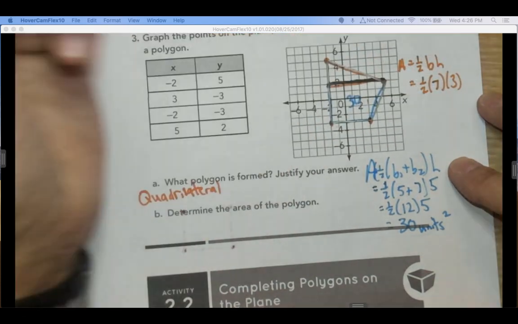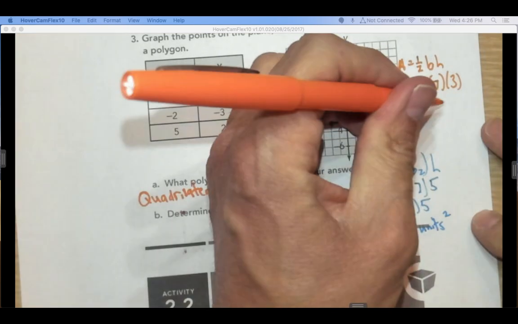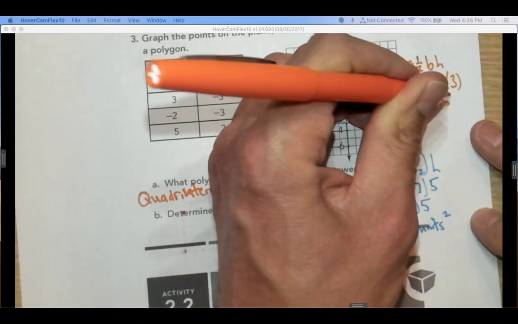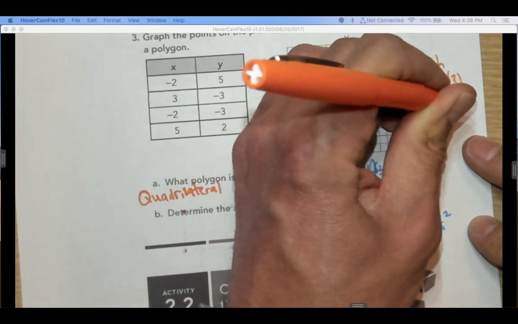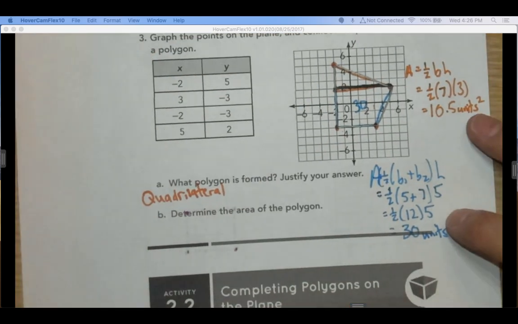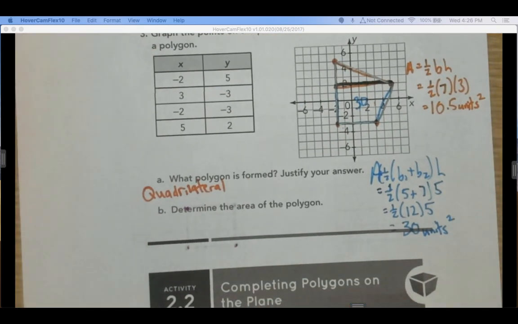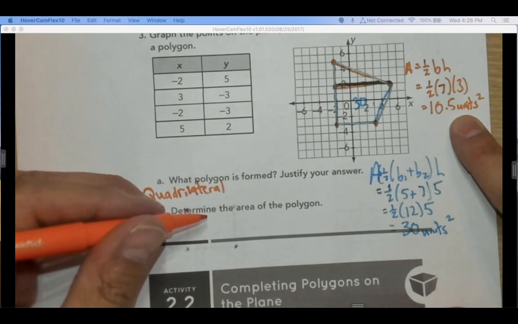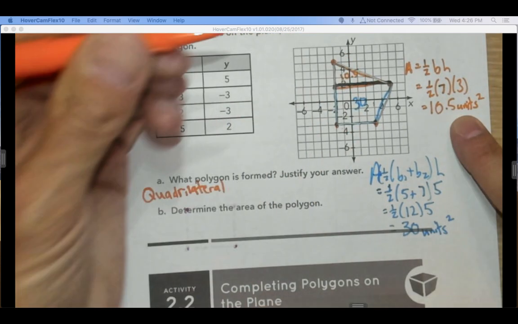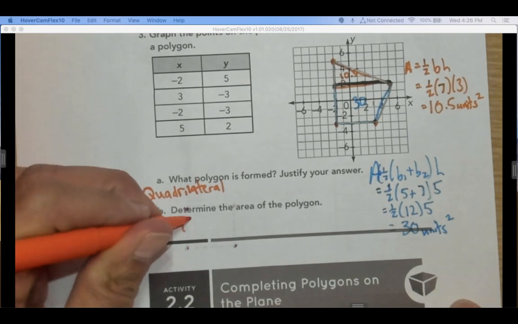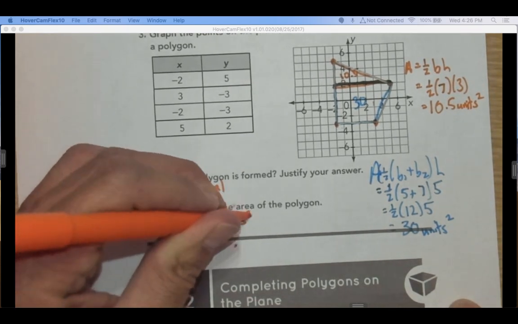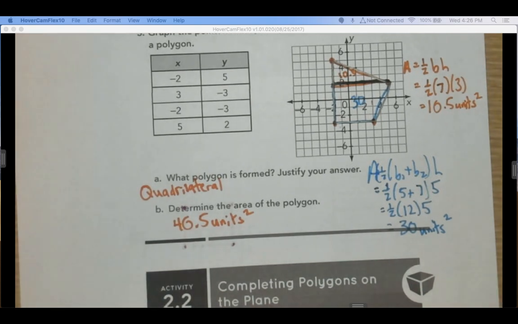And so if I calculate this out, it'll be half of 21, or 10.5 units squared. If I add those two together, I get a grand total of 10.5 for the triangle, plus 30, which is going to be 40.5 units squared.